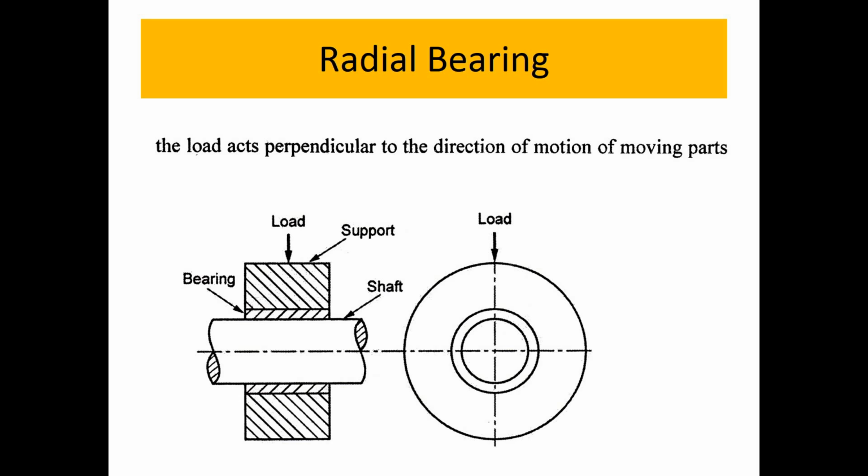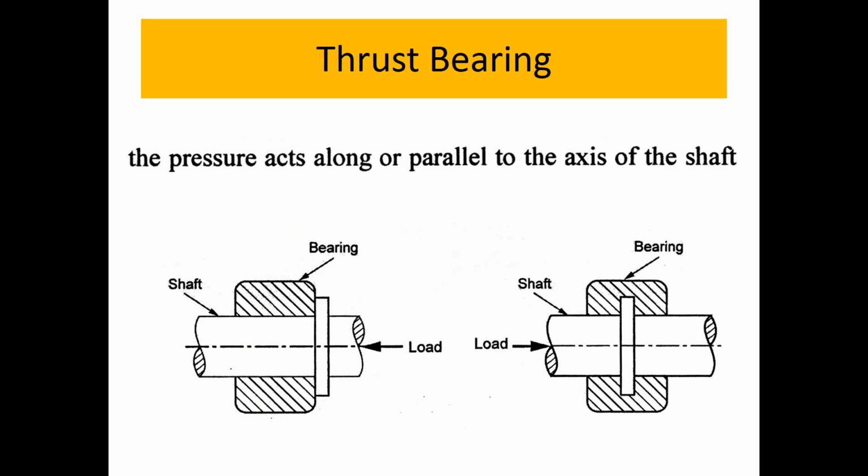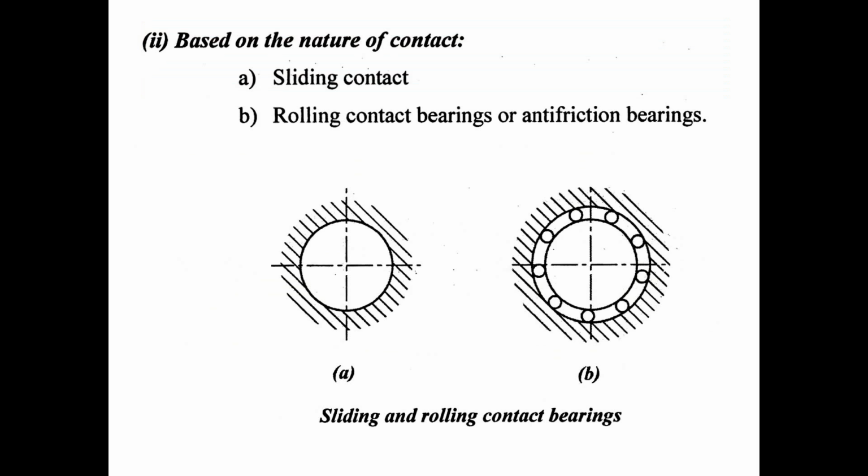That is the concept of radial bearing. But in a thrust bearing, the load acts along the axis, parallel to the shaft or the moving part.